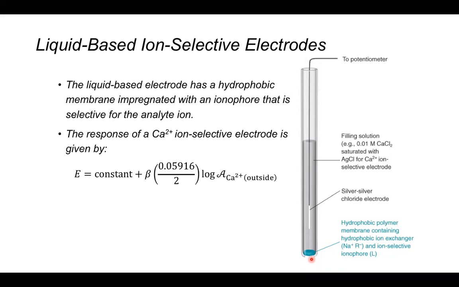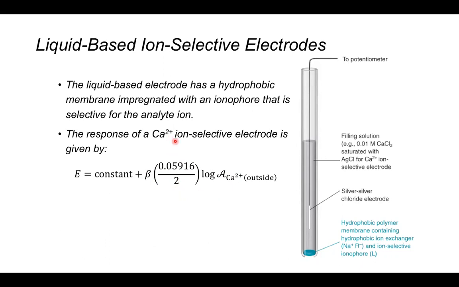So the response of a calcium 2+ ion selective electrode is given by this, where E is equal to a constant, which is just dependent on the system of interest, plus beta, which is the electromotive constant. Then this is the Nernstian part here, which is related to the concentration. 2 is, of course, the number of electrons involved in the half reaction here.